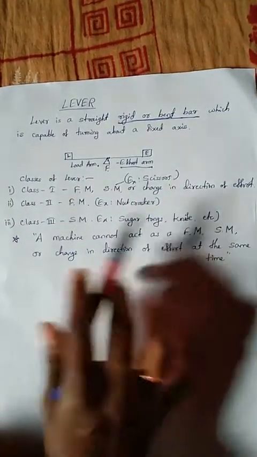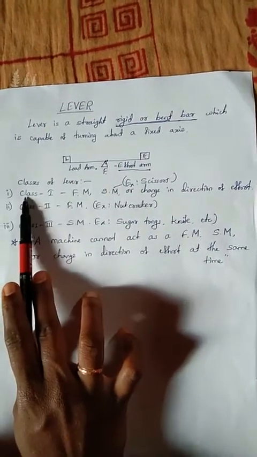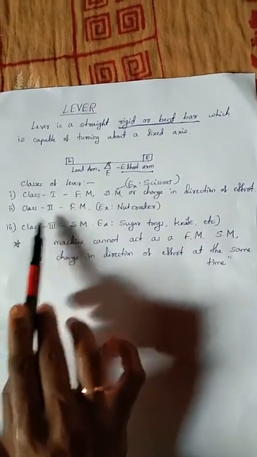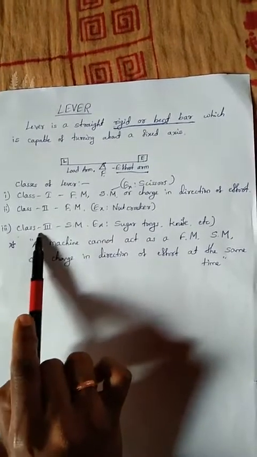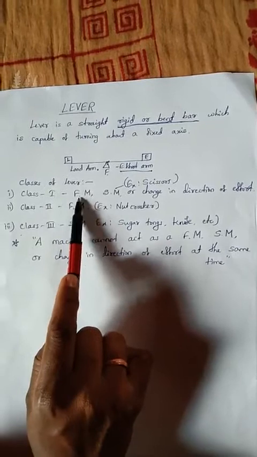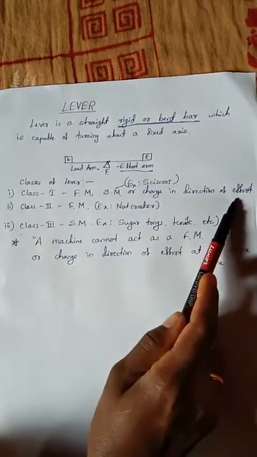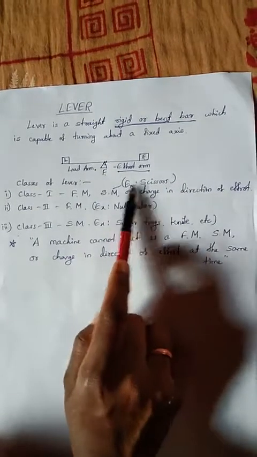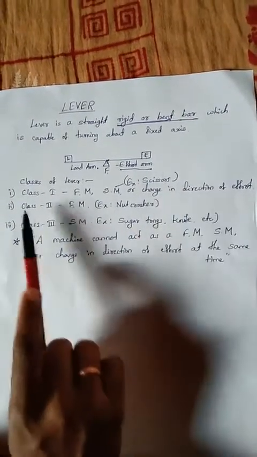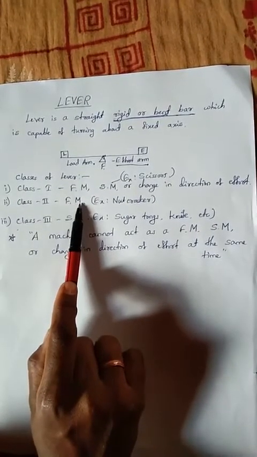And there are classes of a lever. First one is class 1, second class 2, third one is class 3 lever. In class 1 lever, they may act as a force multiplier, speed multiplier or change in direction of effort. For example, scissors. Class 2 levers always act as a force multiplier.